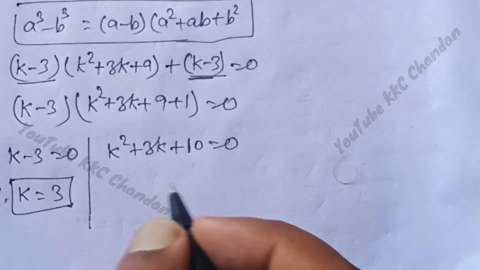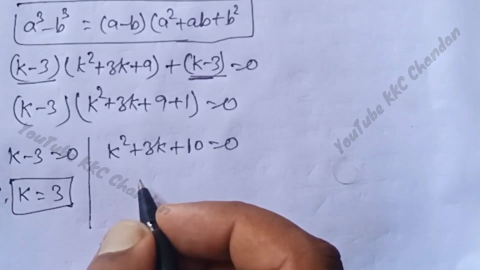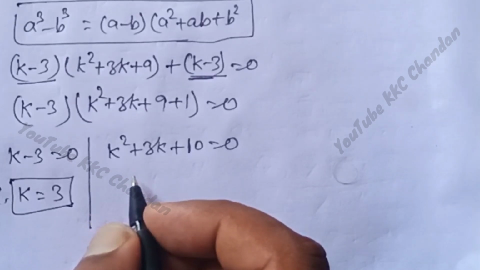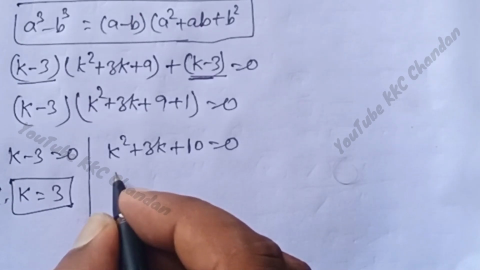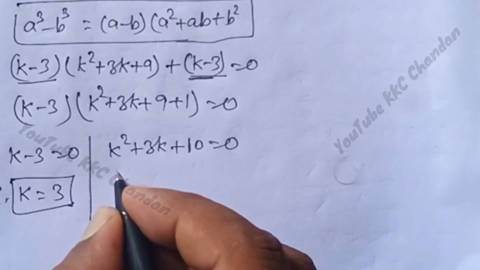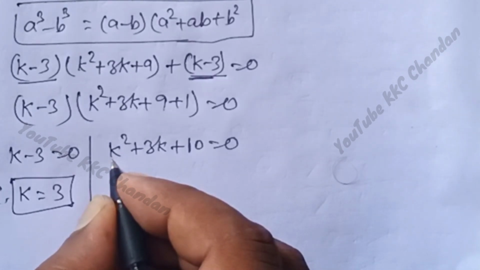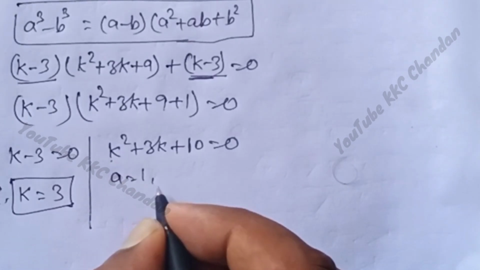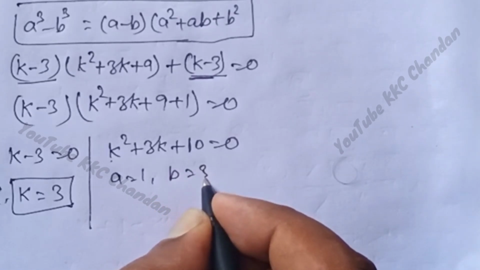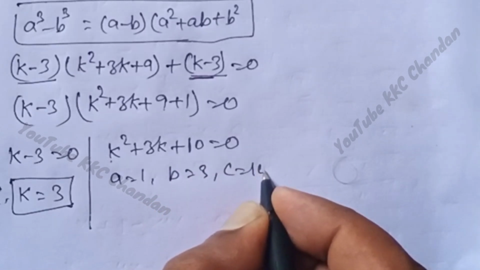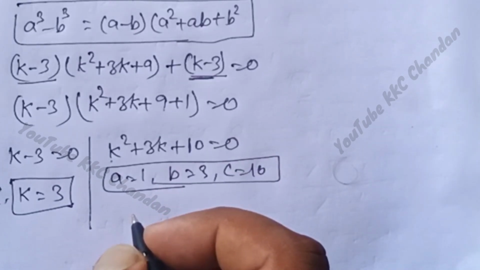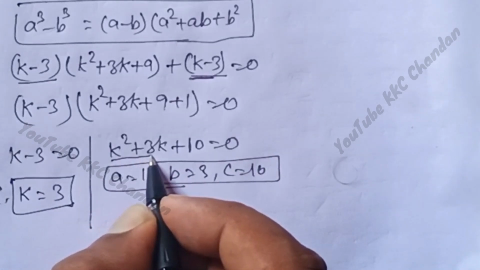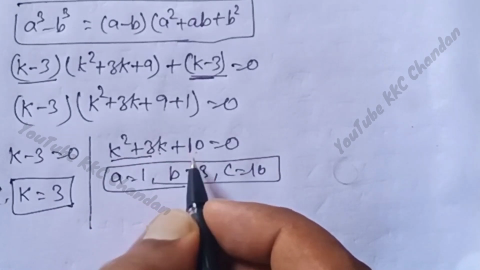Solve the second solution. Here, this is in the quadratic form. The quadratic formula is, first of all, see, a is equal to the k square coefficient, 1, b is equal to 3, c is equal to 10. This is the value in quadratic form, k square plus 3k plus 10.